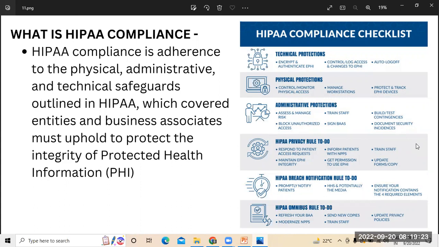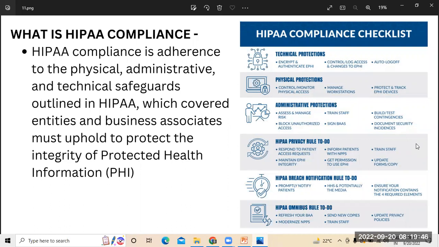At the same time, documenting security incidents, where whatever documentation we normally prepare for the health information of the individuals, that also will be protected under the administrative protection.